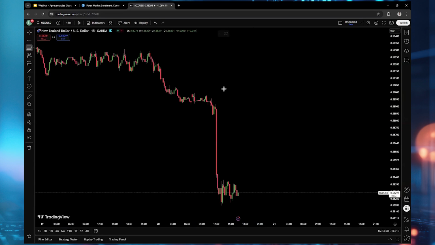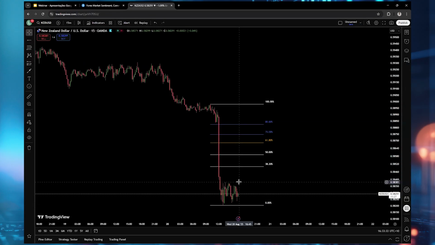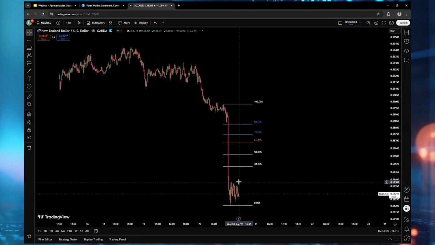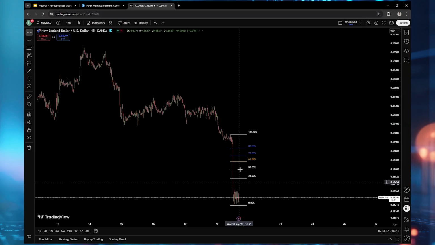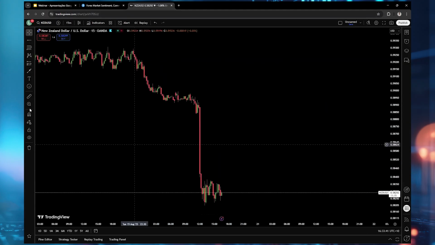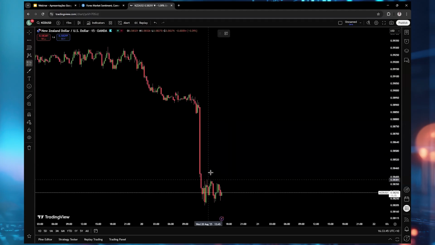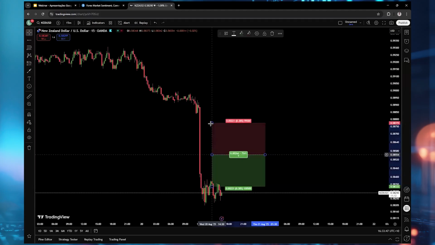If we draw a Fibonacci from this top to the bottom, we may have a pullback around the 50%. I'm not saying we will, but most likely. So around these highs, I would be looking to short.